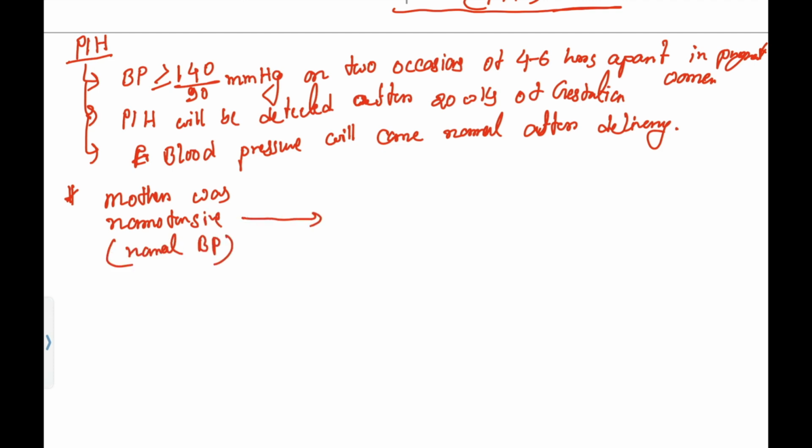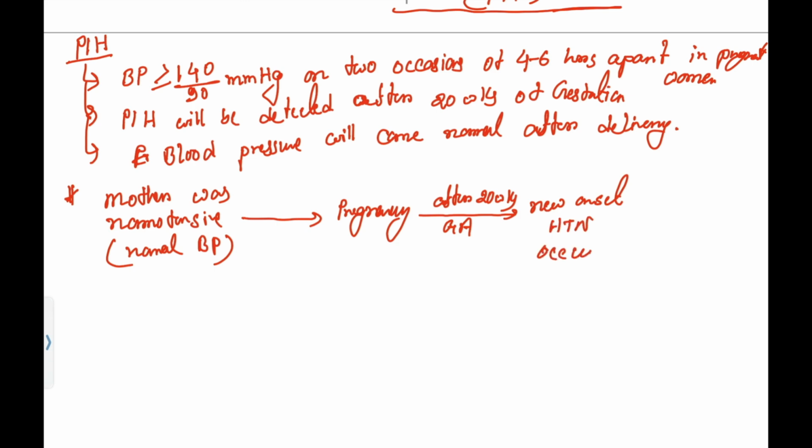Now, the mother conceived, pregnancy occurred. When the pregnancy is after 20 weeks of gestational age, new onset hypertension occurred. The mother came to you, you checked the BP, you got high blood pressure. Again, you told the mother to sit for 4 to 6 hours and you checked again.